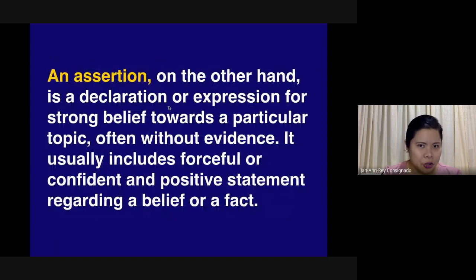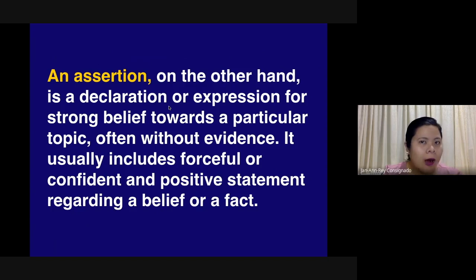How about assertion? An assertion, on the other hand, is a declaration or expression for strong belief towards a particular topic, often without evidence. I would like to highlight: often without evidence. It usually includes forceful or confident and positive statement regarding a belief or a fact.